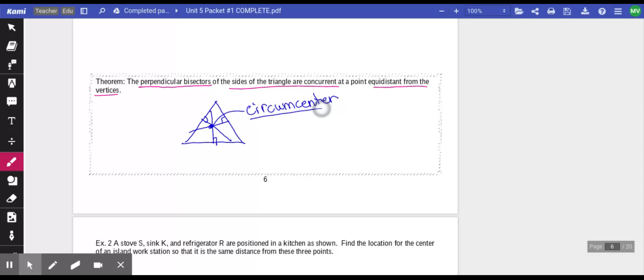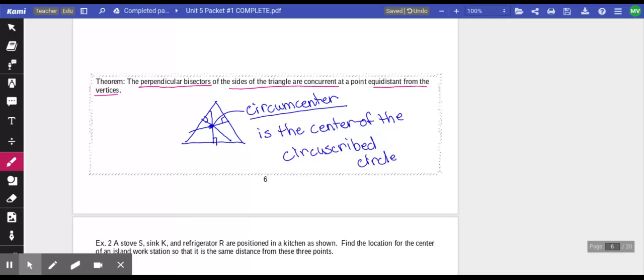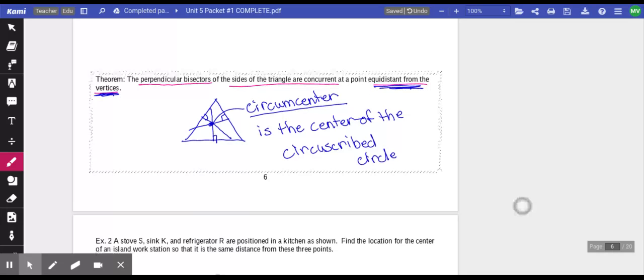And the circumcenter is the center of the circumscribed circle, because it is equidistant from all the vertices. That's very important that you remember that.